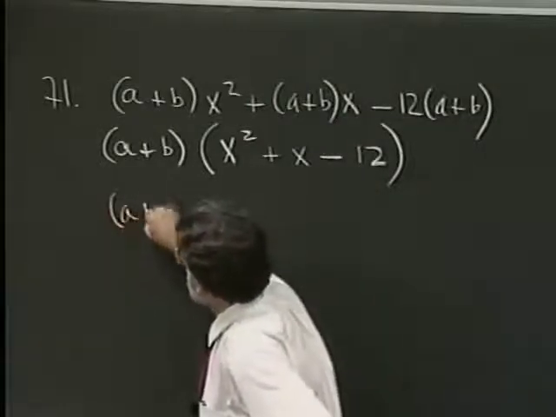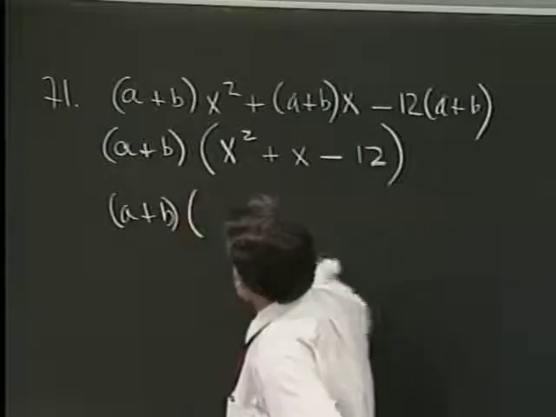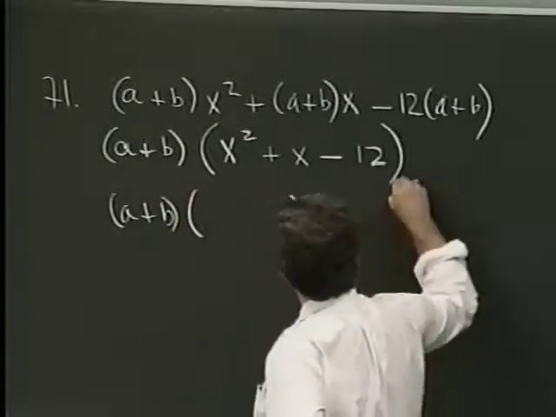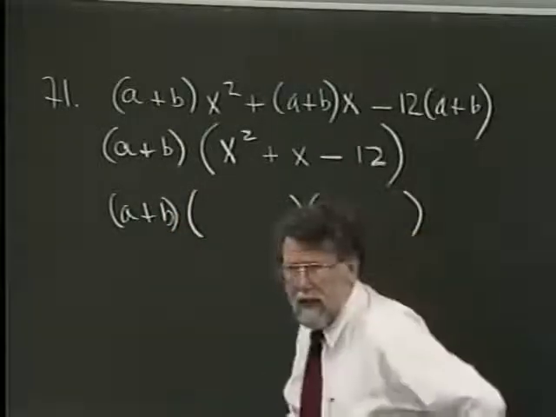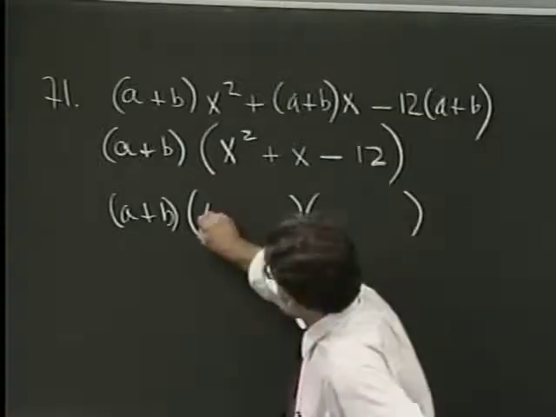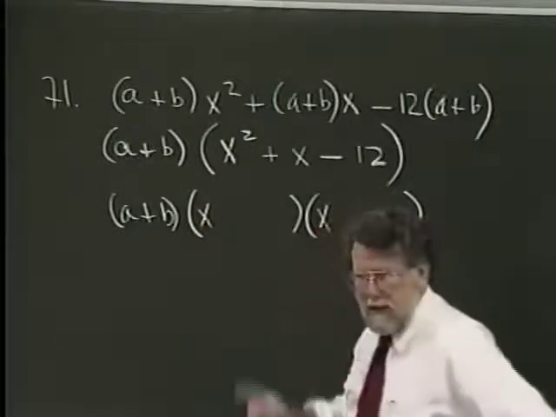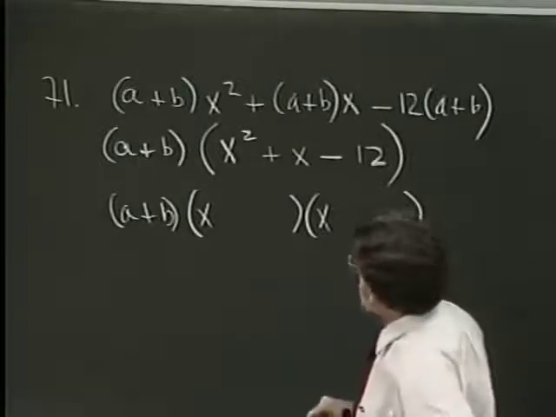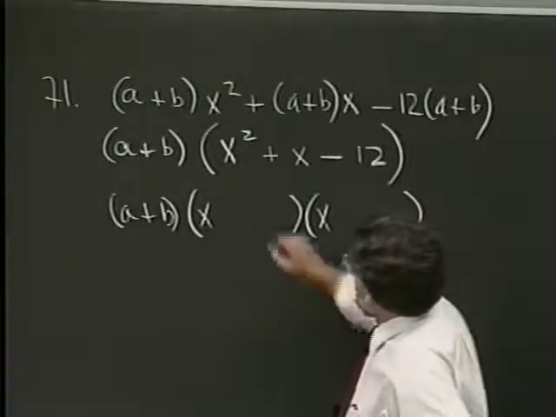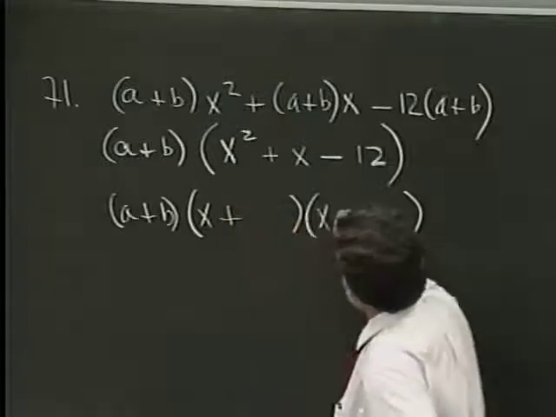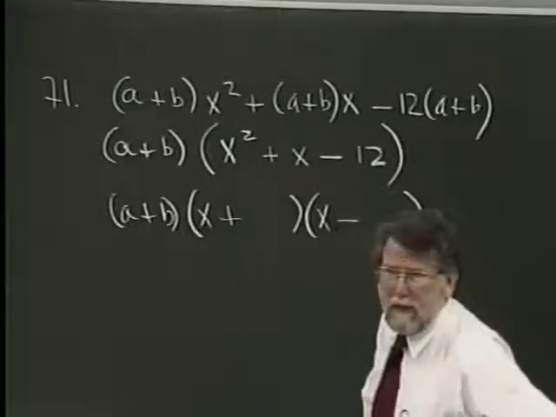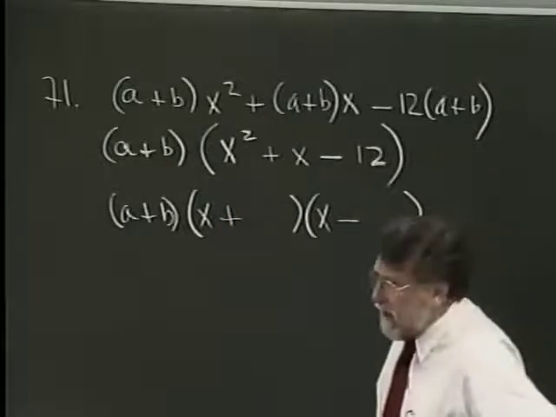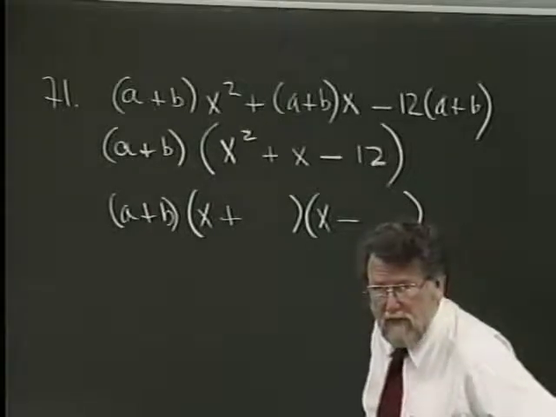So I need the a plus b. Then I'm going to have a pair of parentheses here for the two binomials. I know that they must be x and x. This is the nice version, which we are going to migrate to a more difficult version quickly. One of these has to be positive, one has to be negative, and that's arbitrary. If you prefer the negative first and then the positive, fine.